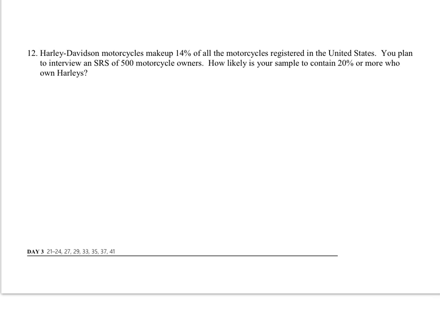So first we figure out what we're trying to find: the probability that P hat is greater than 0.2, and we get that from right here. We have an SRS of size 500, P equals 0.14, and P hat equals 0.2.